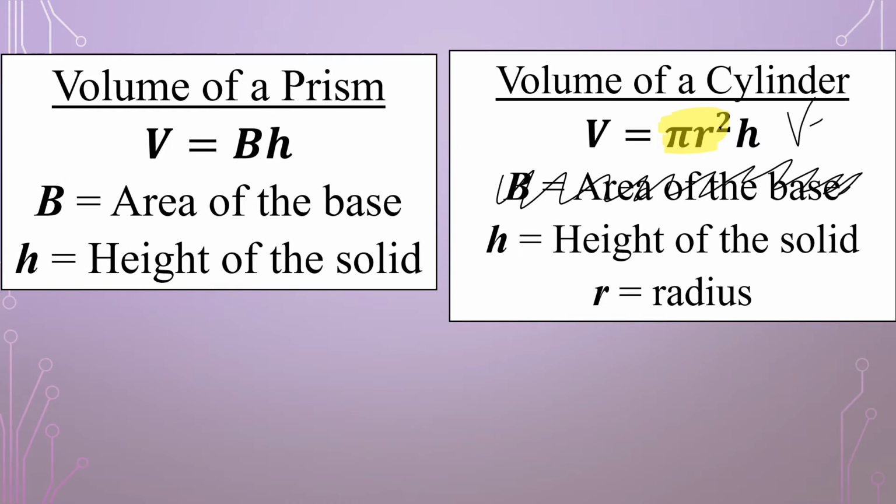So volume of a cylinder is also considered B times H. This is already on your notes, so technically you don't need this area of the base, but those are the same exact equations there. We're just adding in the area of a circle for our B for the cylinder.